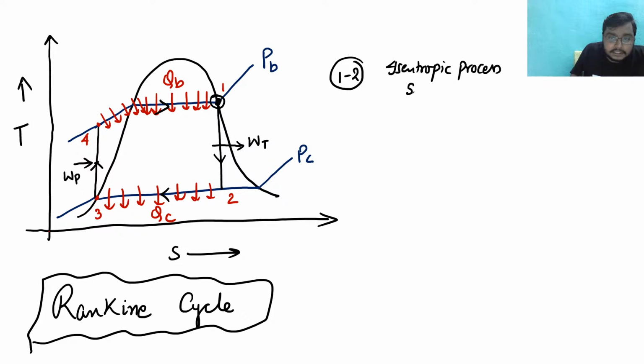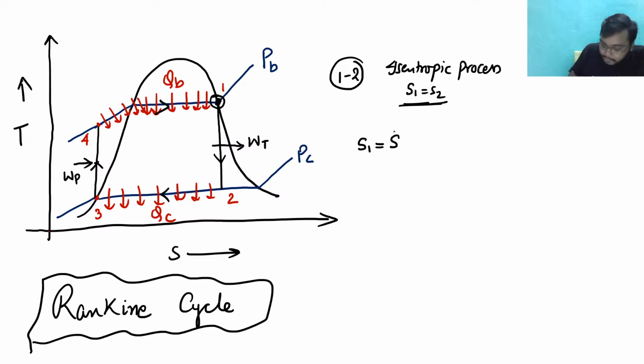That is S1 is equal to S2. Entropy is the same, and this is reversible. So now, since 1 to 2 is an isentropic process, I can say that S1 is equal to S2.